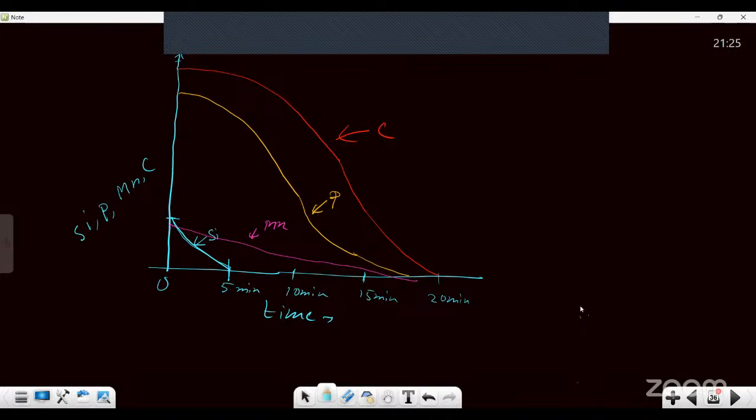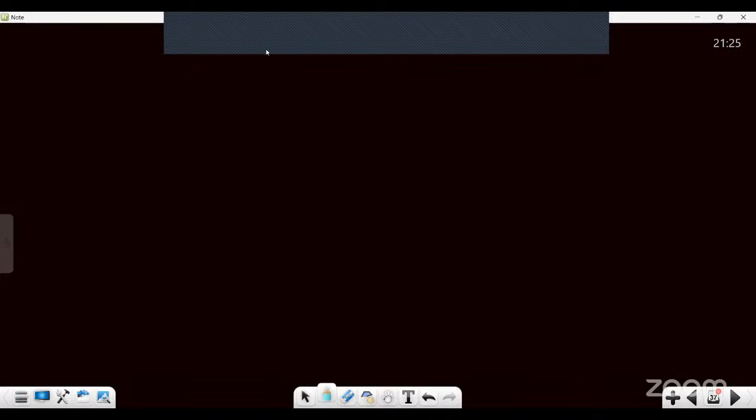Now we talked about the bottom blowing oxygen steel making process.